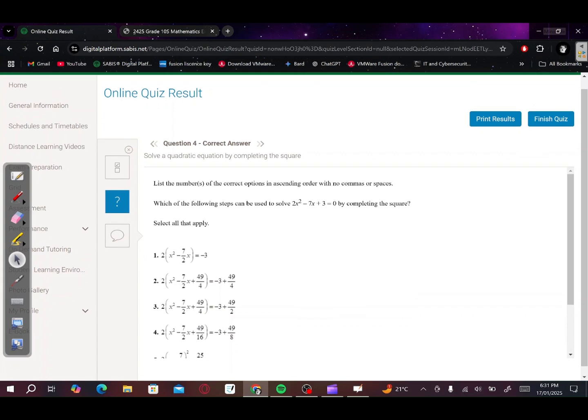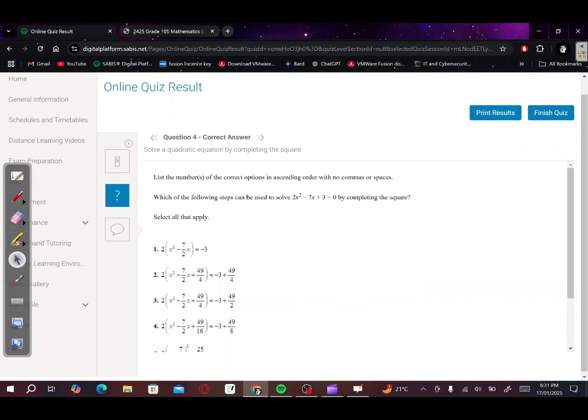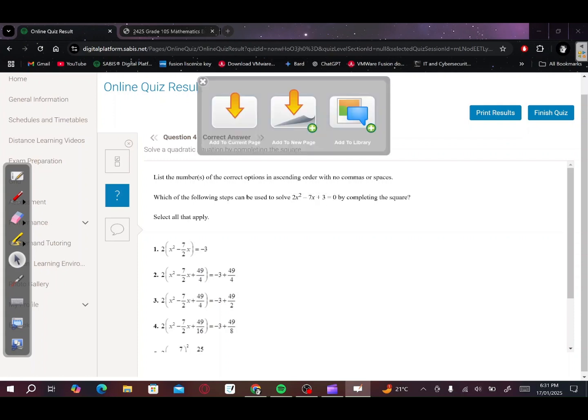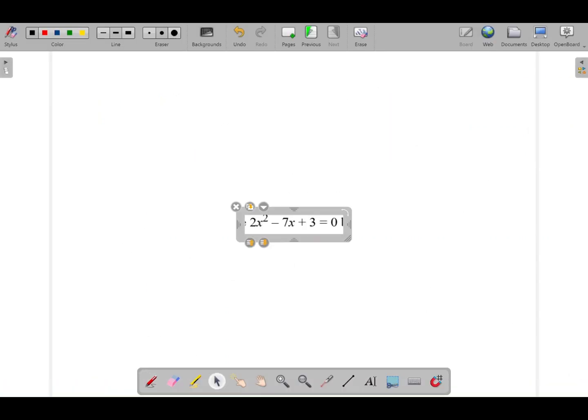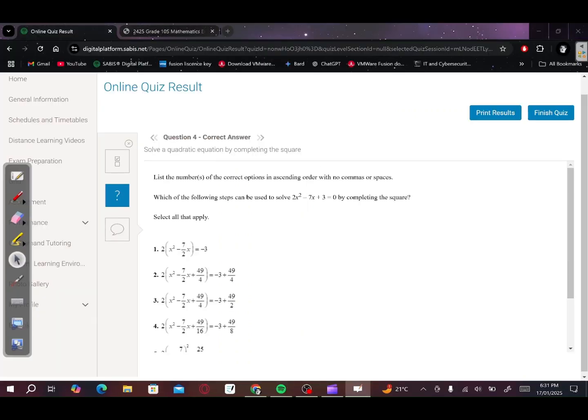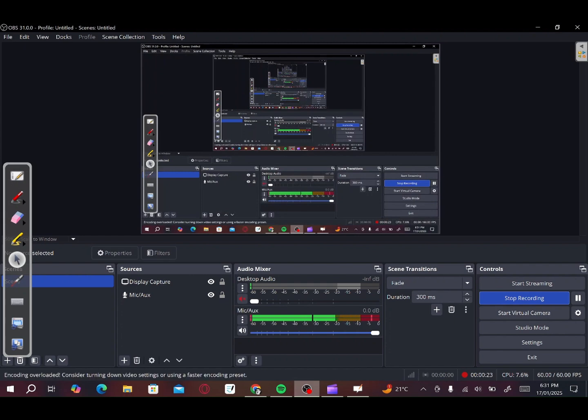Okay, so question 4. Which of the following steps can be used to solve 2x squared plus 7x plus 3 equals 0 by completing the square? Same thing. We're just going to do the exact same thing we did. 2x squared minus 7x plus 3 equals 0. Let me just check if I'm recording audio because I would hate if I'm not. I am indeed. Perfect.